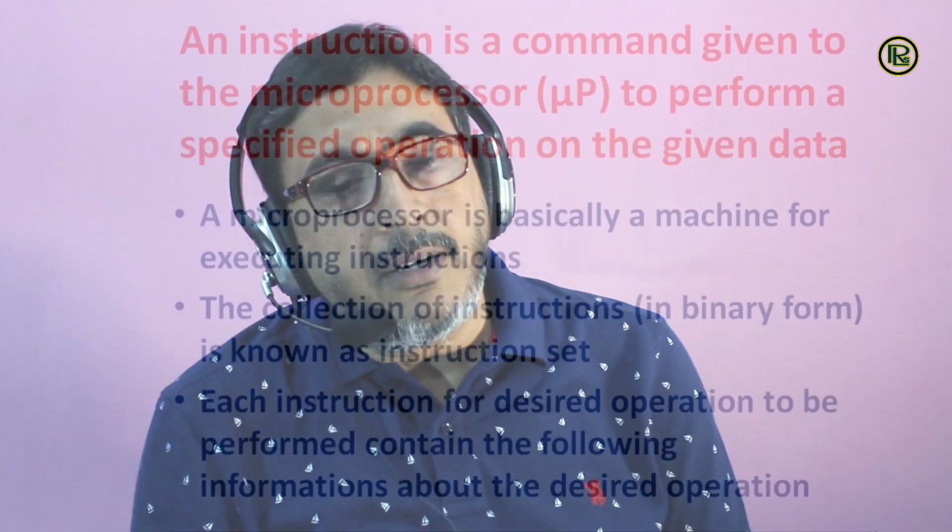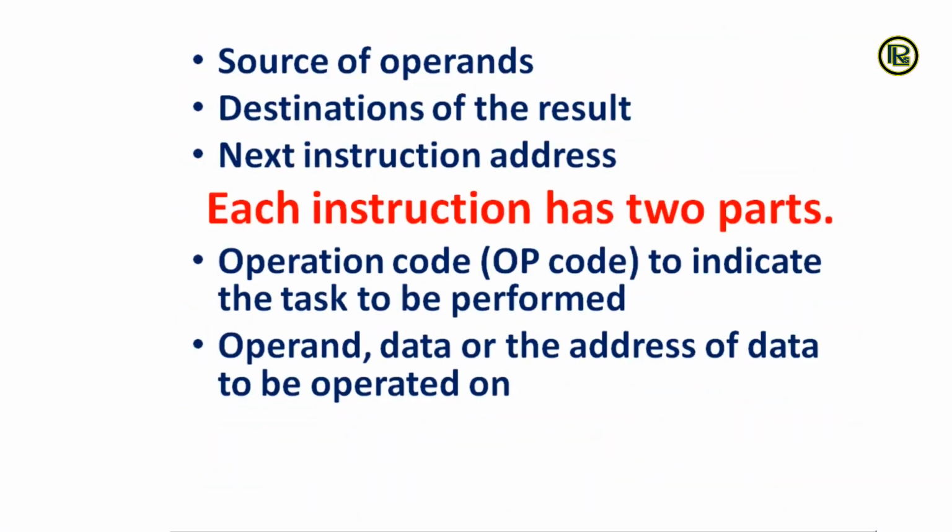Therefore, a microprocessor is basically a machine for executing instructions, and the collection of instructions is known as the instruction set or the program. Each instruction for desired operation to be performed contain the following informations about the desired operations, and these are the source of operands, destinations of the result, and the next instruction address.